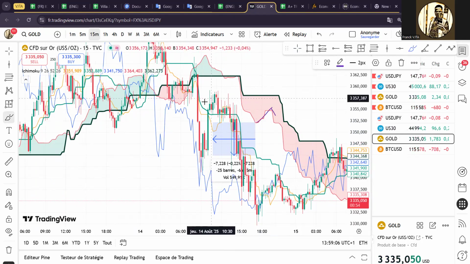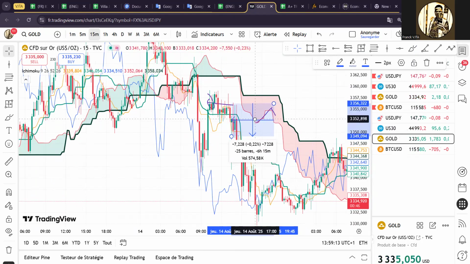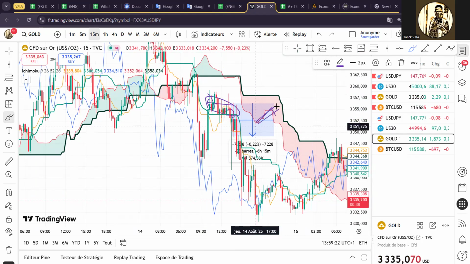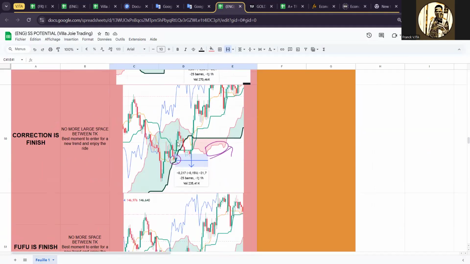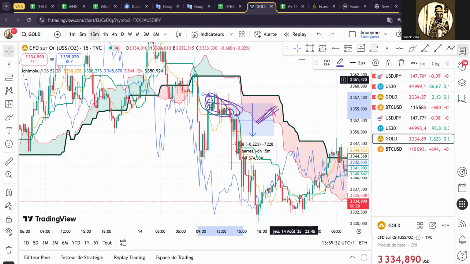It was this candle. All of these reductions were this candle, and then till just this red candle here. All of this reduction of the fat gives you the best moment to sell again. Then the correction is finished on the fufu.